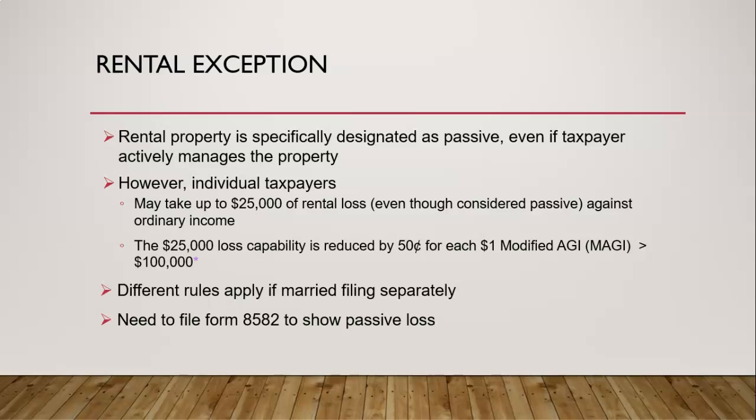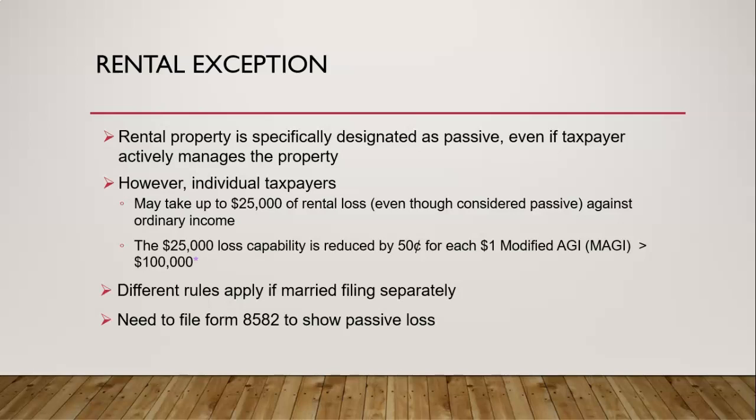If you're incorporated or something like that, then this doesn't hold for you. But if you're just an individual person and you own this rental house or two, you can take up to $25,000 of rental loss against your other regular income like wages.